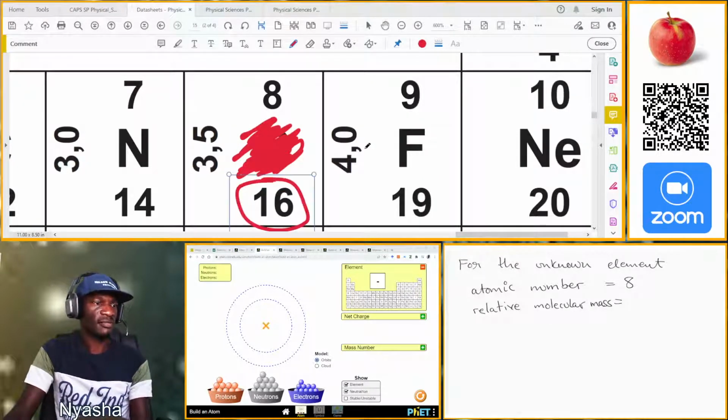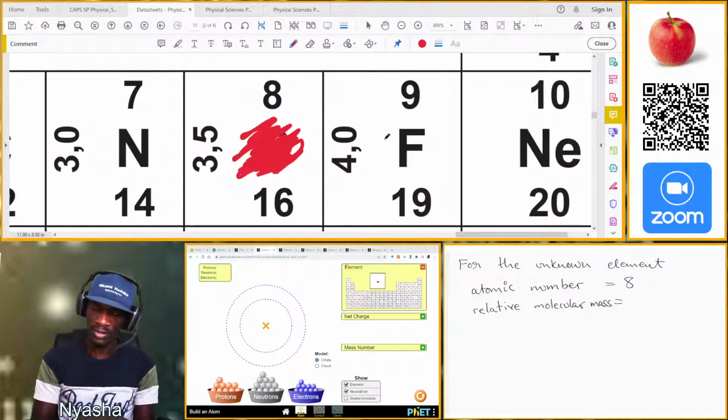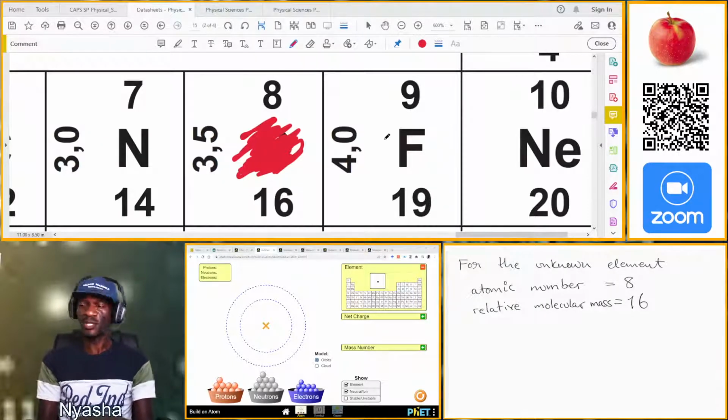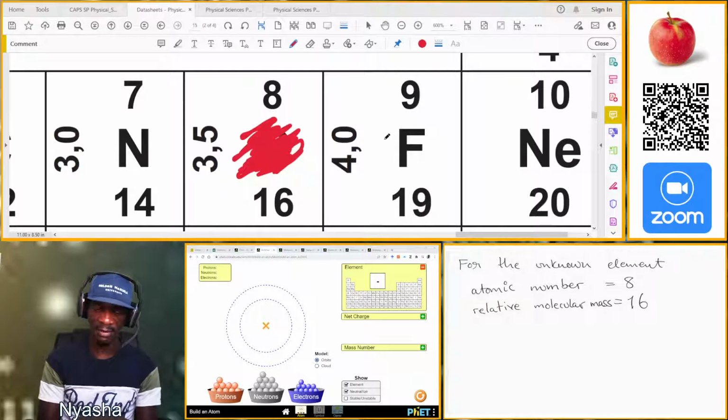So this is the relative molecular mass. So that is 16. So we now want to just find out the number of protons.